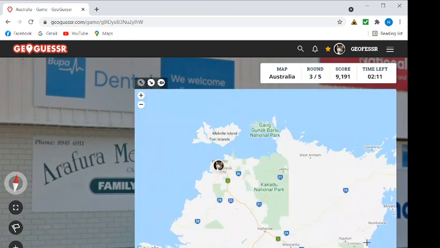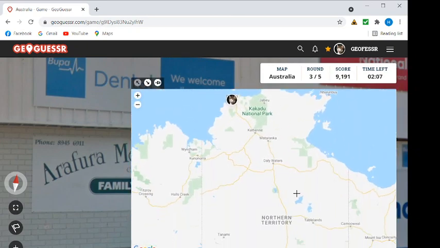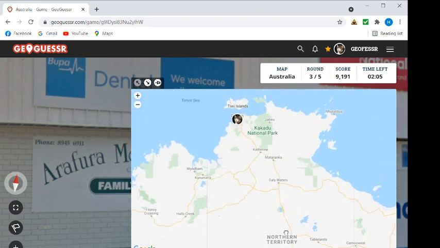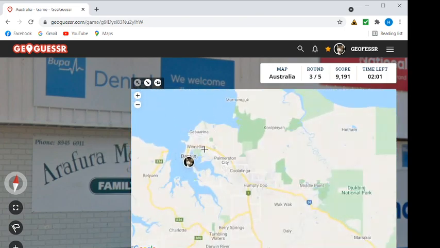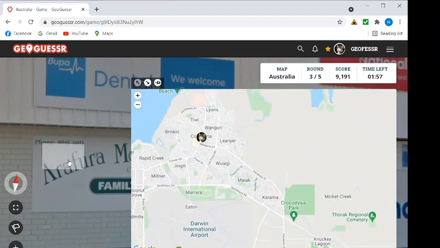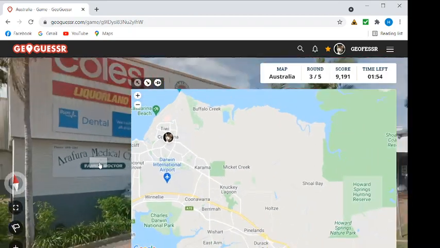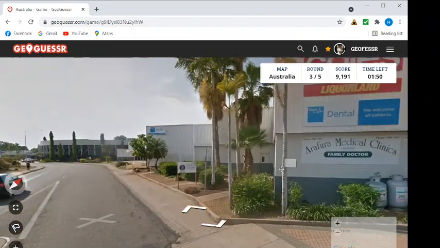Essentially, the only towns in the Northern Territory are Darwin, Katherine, and Alice Springs. And from Arafura, I'm thinking that this is Darwin. And there's Casuarina neighborhood right in Darwin. Right.